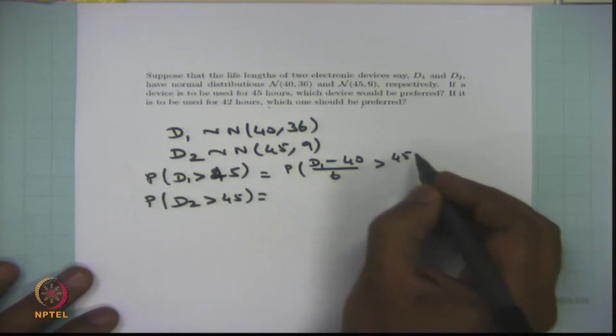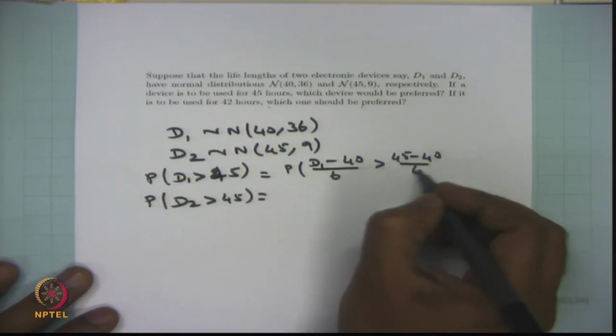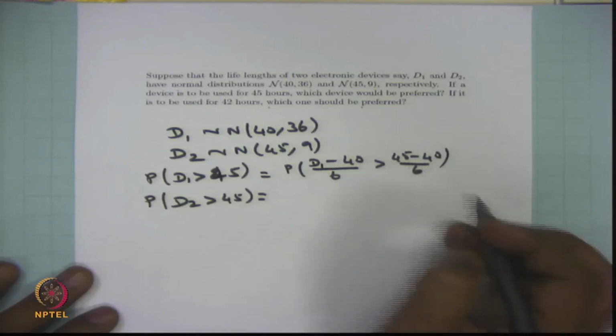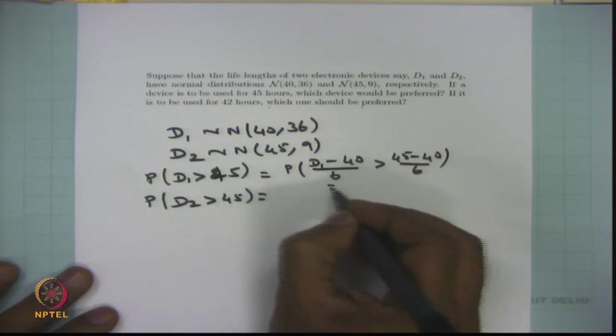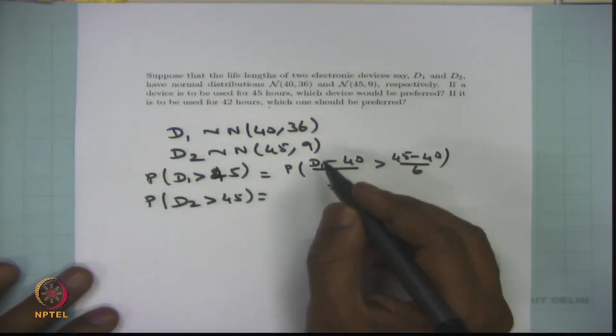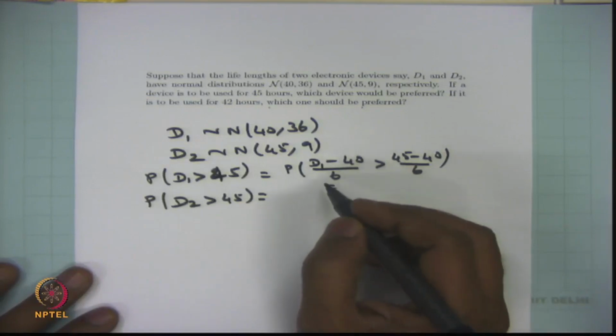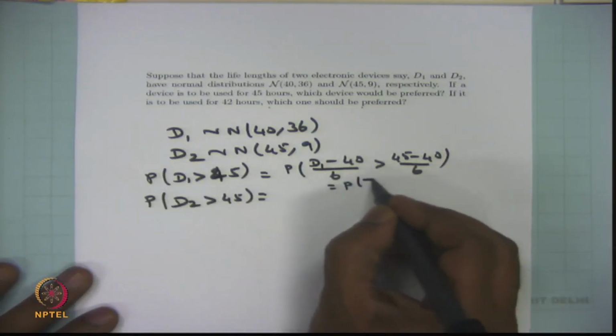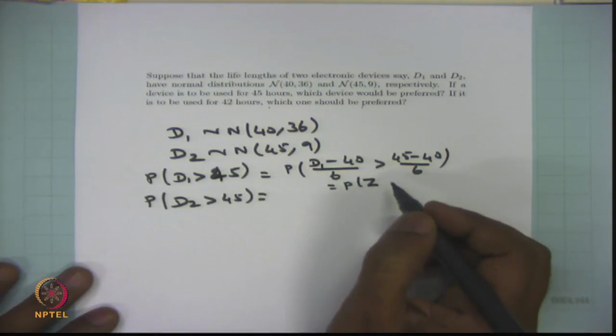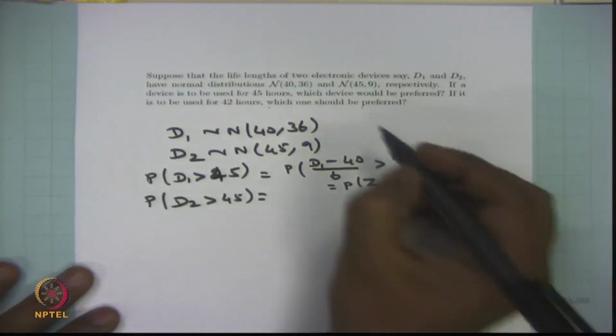Here also you do the same thing, 45 minus 40 divided by 6. Now D1 is normally distributed, so minus the mean divided by the standard deviation becomes a standard normal. I use the notation Z for standard normal.